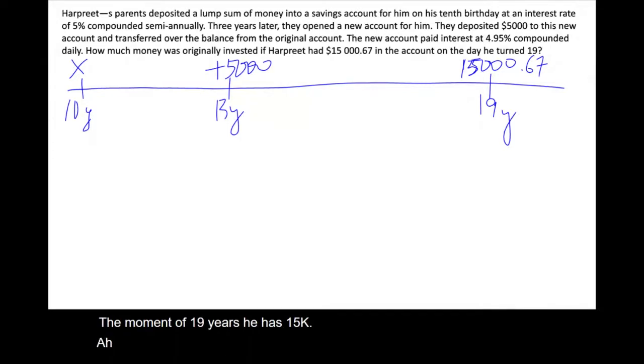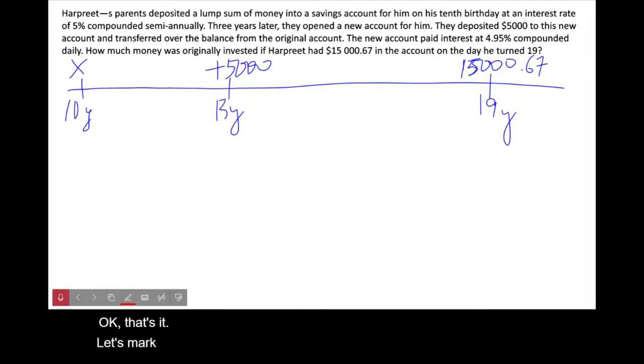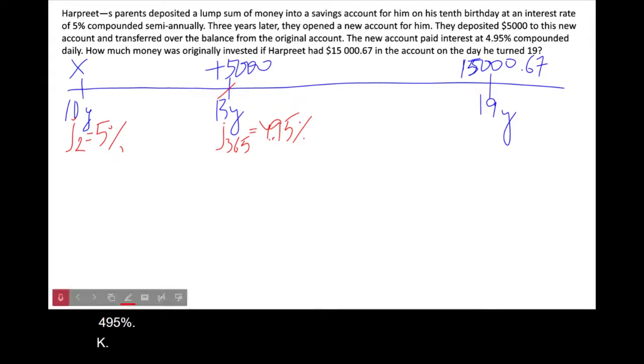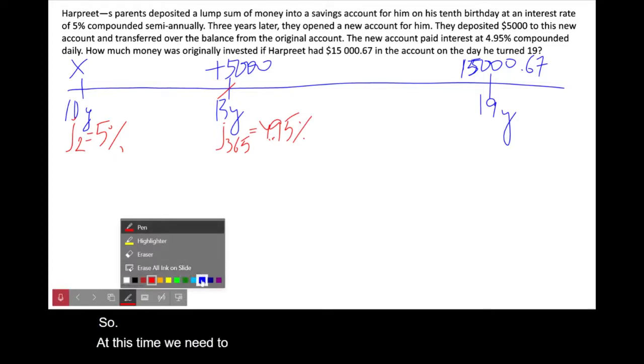Now let's mark the interest. Here it was J2, 5%. His new account is J365, 4.95%. This time we need to roll back.